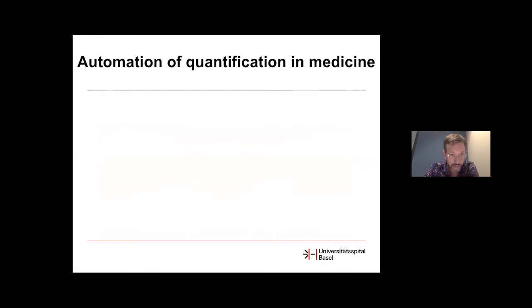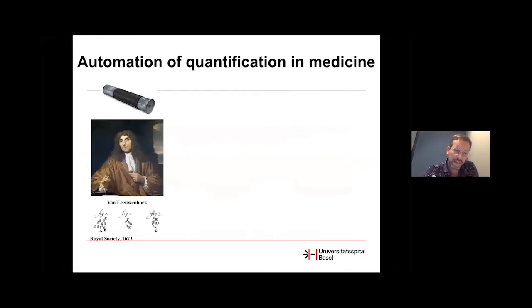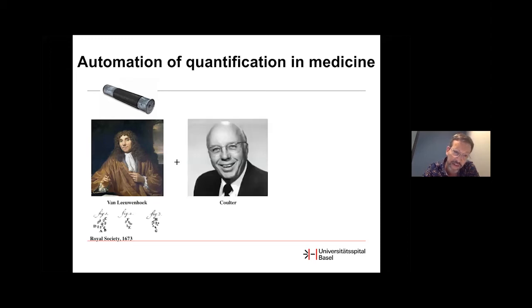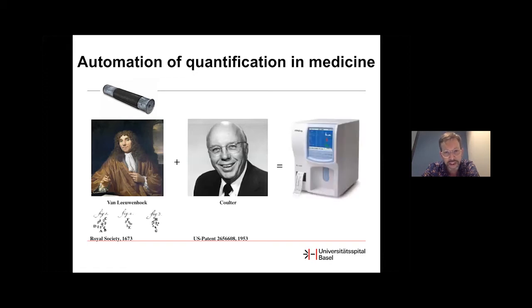So, is there no automation of quantification in medicine? Actually, there is, and this is an example I like to give. Of course, you know I'm Dutch, and I have to stress that microscopy was invented by a Dutch guy. You see these very old drawings from the publication of the Royal Society of red blood cells, and then it took us quite a while, until Coulter in the 60s of the past century, to automate this process.